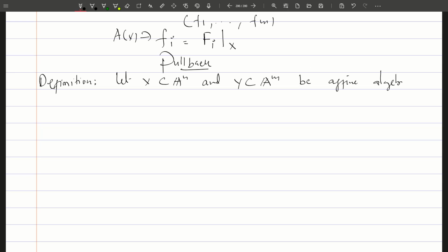Or let us suppose they are varieties. We don't mention whether they are projective or affine varieties. So let X and Y be varieties.